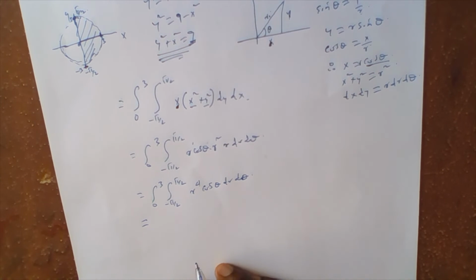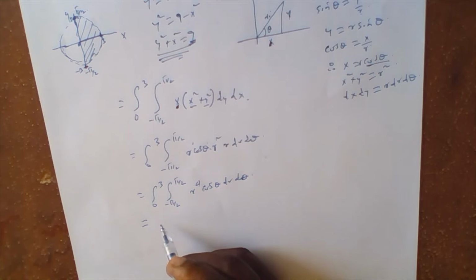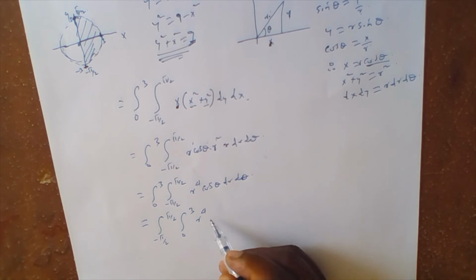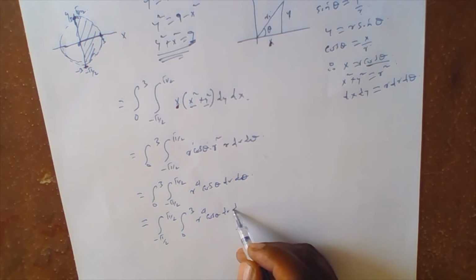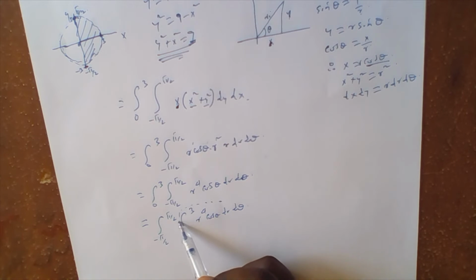Now we can start with the dr. We can interchange this, so it is the integral from negative pi over 2 to pi over 2 of the integral of r raised to 4 cos theta dr d theta, so that we start with the innermost.